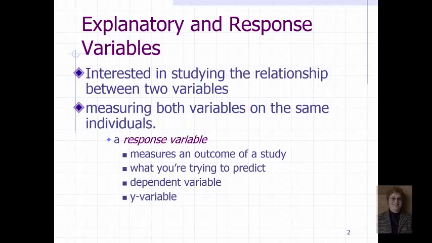It's what you're trying to predict. We call it the dependent variable because it depends on the other variable, and when we graph it along the y-axis of your graph, because we're going to use scatter plots to investigate this data.